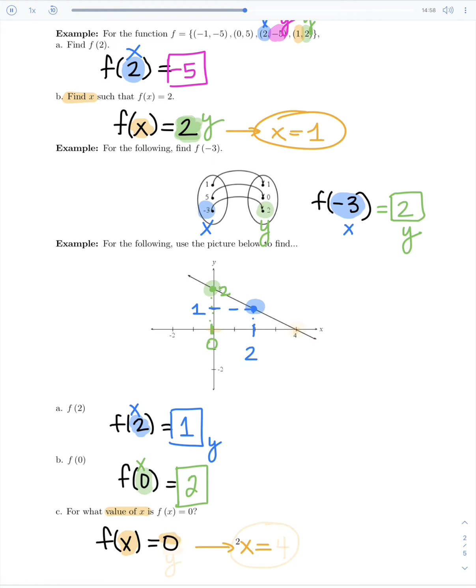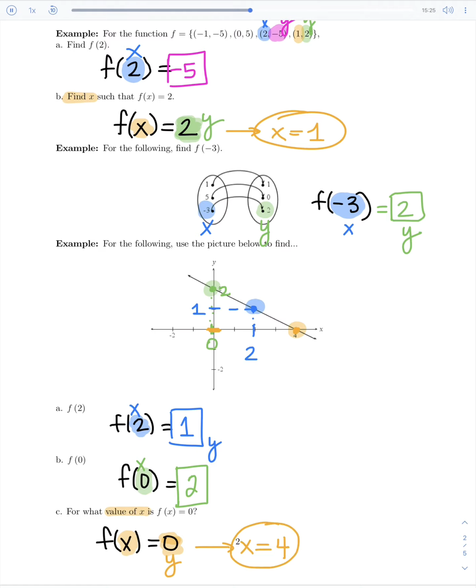So that must mean that the 0 here is a y value. So this time, I'm looking for a y value of 0. That means I haven't gone up or down. Well, the graph has a y value of 0 all the way down here at this point, which happens at an x value of 4. That's what we were looking at.